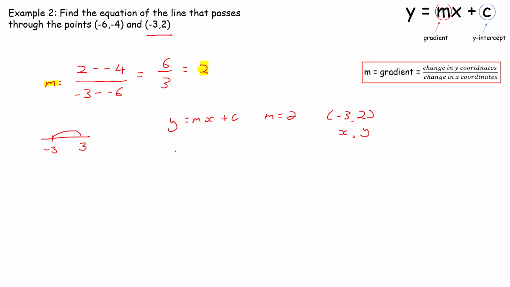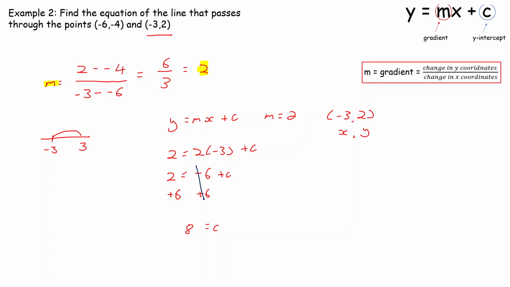So 2 is equal to 2 times minus 3, plus c. 2 times minus 3 is minus 6, so 2 is equal to minus 6 plus c. Solving to find c, I want to get rid of that minus 6, so I add 6 to both sides. These cancel, and I'm left with just c, which is what I'm trying to find. And 2 add 6 is equal to 8.